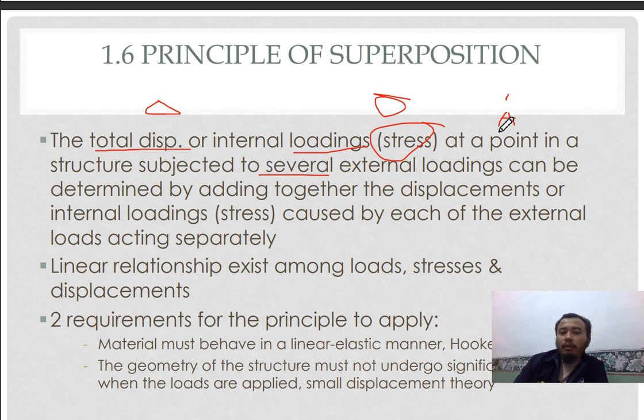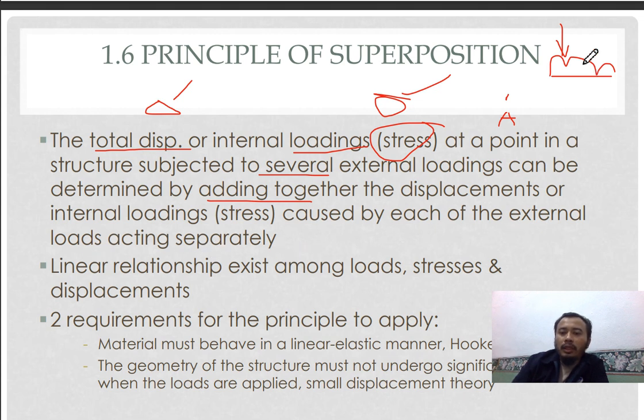So you have many types of load. Yes, you have a UDL, and then you have a point load. So you have several external loadings. The displacement and the stresses can be calculated by adding together the displacement or internal loading caused by each of the loads acting separately.